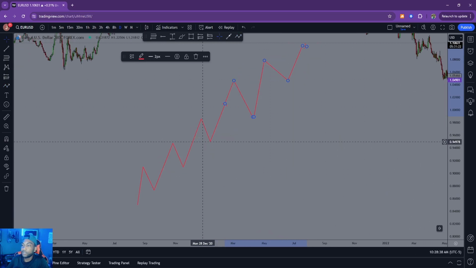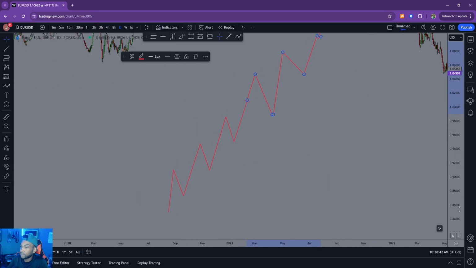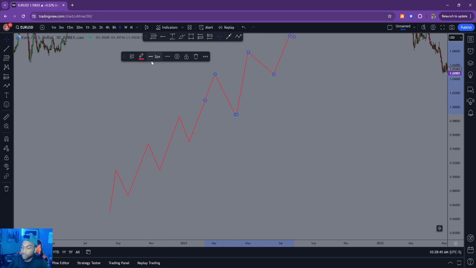The higher lows, based on your system and the way you trade, can very well be areas where you want to buy in.